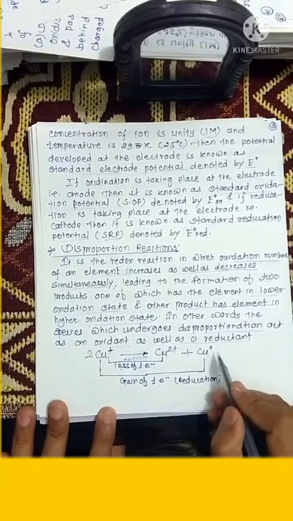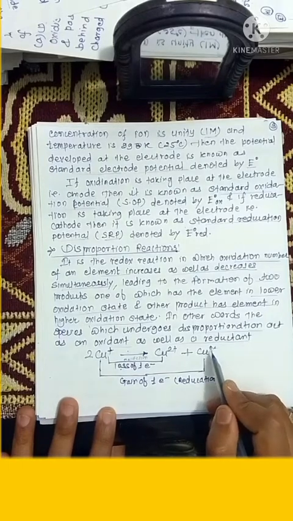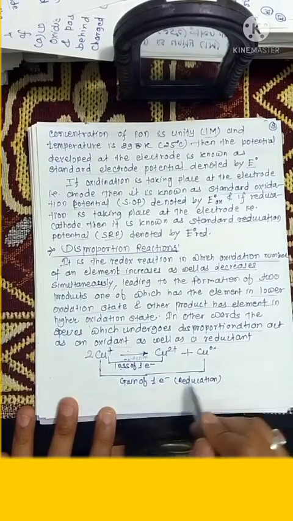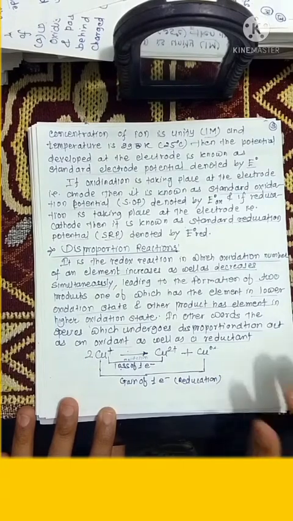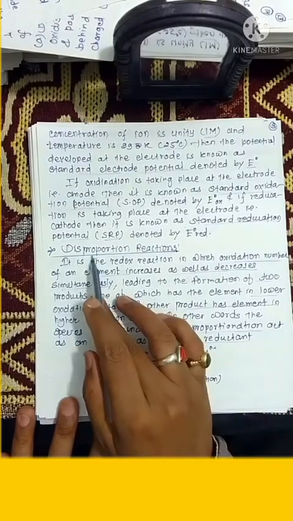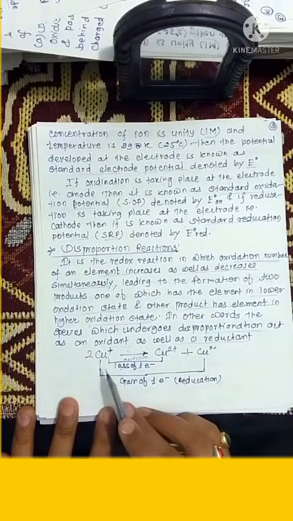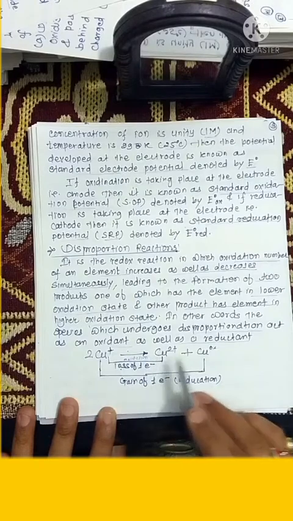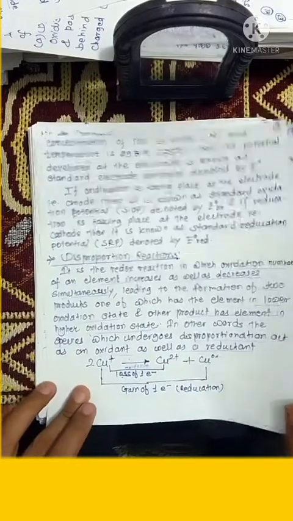Now just see in the second product the oxidation state of the metal is 0 and it happens due to the gain of 1 electron. That's why it is a reduction type of reaction. So in simple words, we can say that disproportionation reactions are those reactions in which the same species undergoes oxidation as well as reduction.